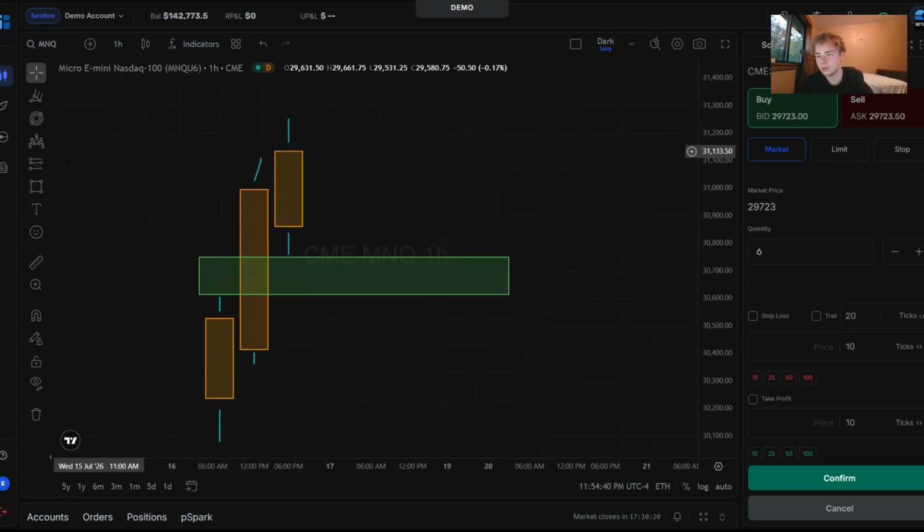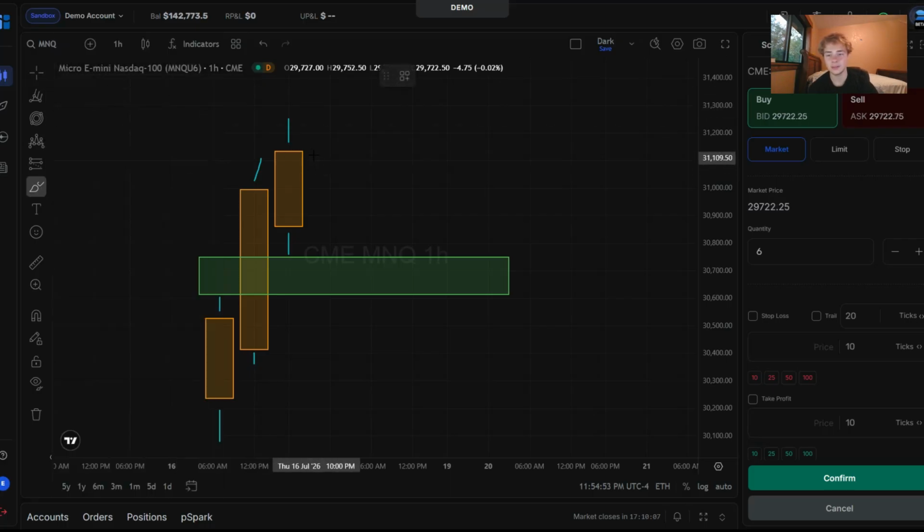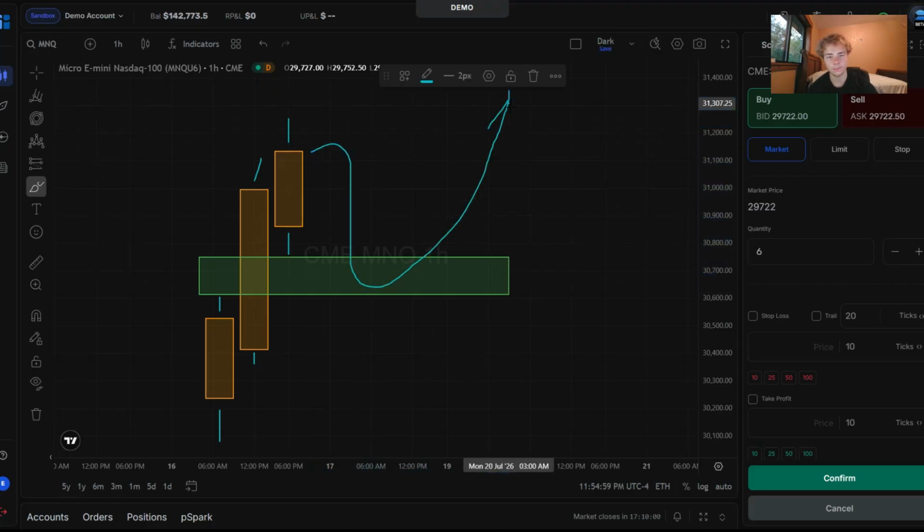And then here's two things that it can do. What we expect it to do often is what we call respecting it. So it will come down here, fill the imbalance, and then continue upward.